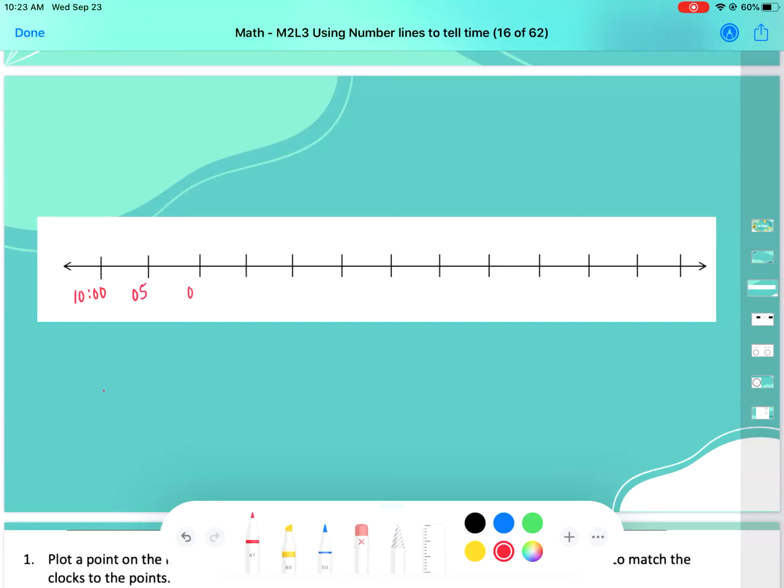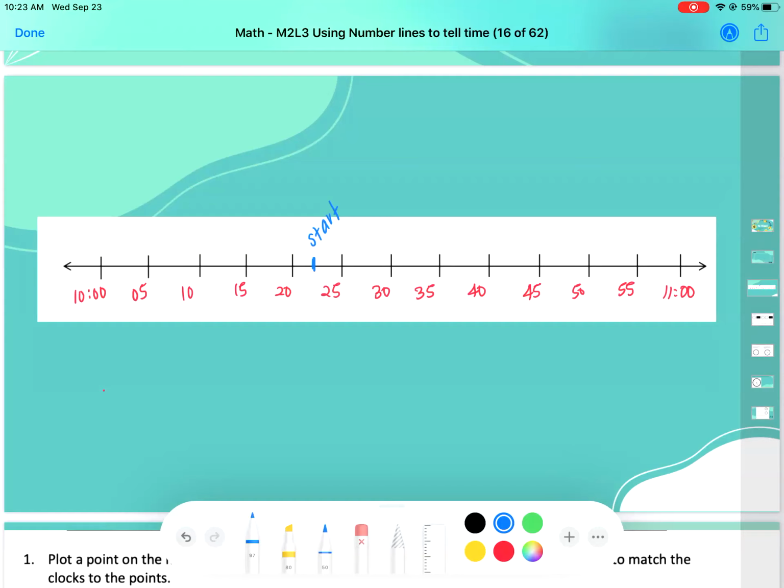This is going to be 05, 10, 15, 20, 25, 30, 35, 40, 45, 50, 55, and 11 o'clock. Right now it's 10:23, so I'm going to plot 10:23 somewhere between here. And I'm going to write start, because that's when I started my lesson video.